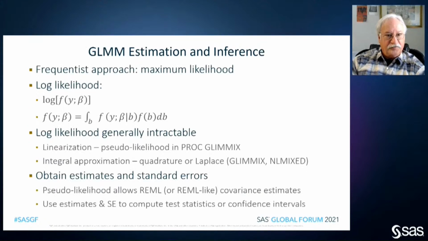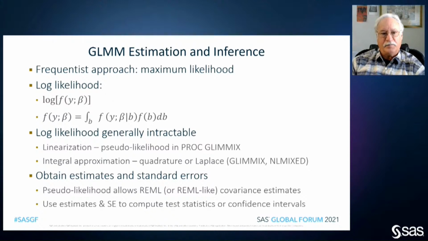Okay, so if we go talk about PROC MIXED and PROC GLIMMIX, this is what we call the frequentist approach to estimation and inference. And it is all likelihood based. We have a log likelihood, the log of f of y and beta. F of y and beta is the marginal distribution.